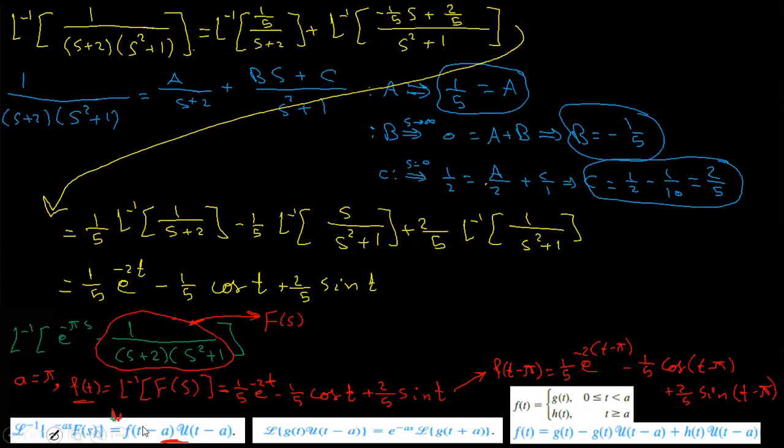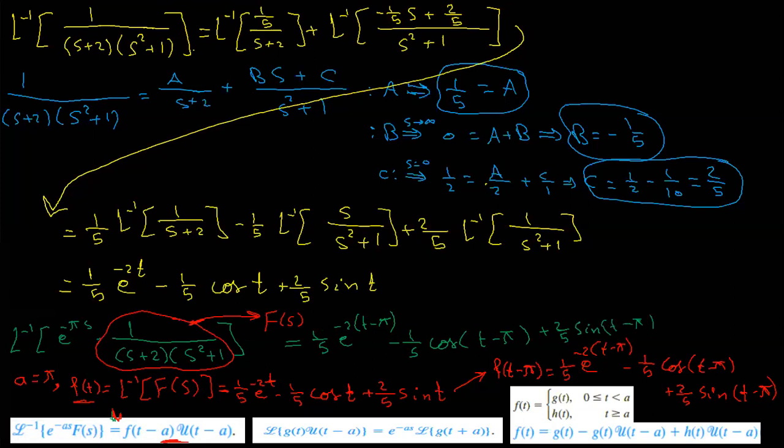The rule said you need to write f of t minus pi. So let me write f of t minus pi, which I found here: 1 over 5 e to the negative 2 (t minus pi), minus 1 over 5 cosine of t minus pi, plus 2 over 5 sine of t minus pi.